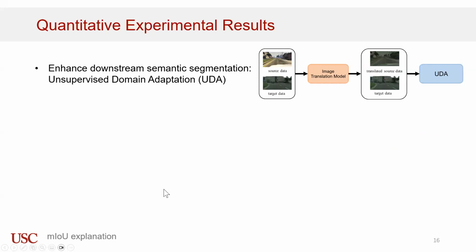Then I also show that our method can also be applied to enhance the downstream semantic segmentation UDA task, because in UDA they are trying to train on images from the source domain and apply the semantic network on the target domain. So what we did is to incorporate our translated images in the training of UDA so that we can reduce the domain gap at the image level.